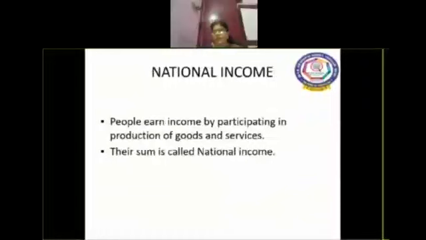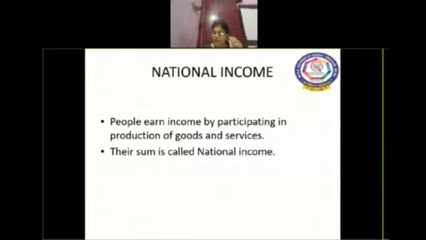Okay, now national income. National income is nothing but the value of the goods and services that is produced in a country for a year, for a particular period of time. So that is the definition of national income. People earn income by participating in production of goods and services.